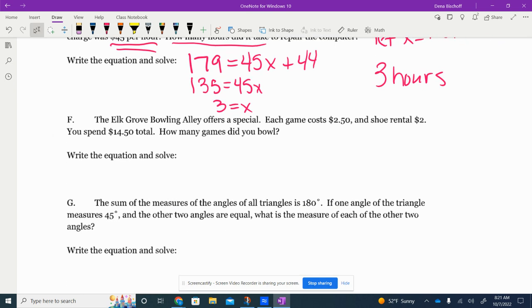All right. Elk Grove Bowling offers a special. Each game costs $2.50. And so that's the each. And shoe rental, this is my flat fee of $2. I spend a total of $14.50. How many games did I bowl? So I'm going to let X equal the number of games.